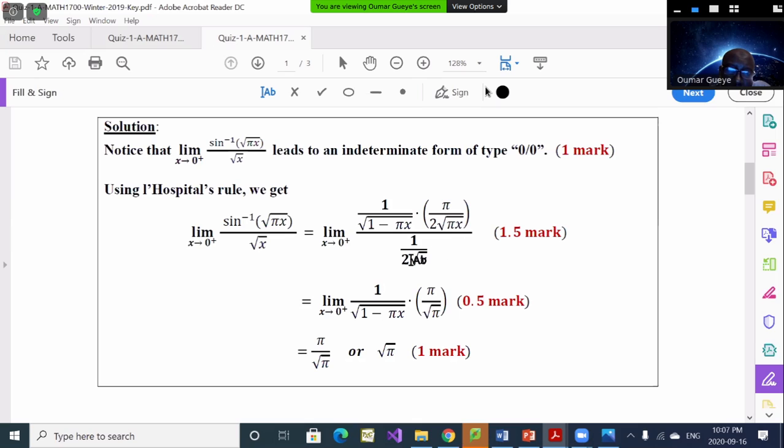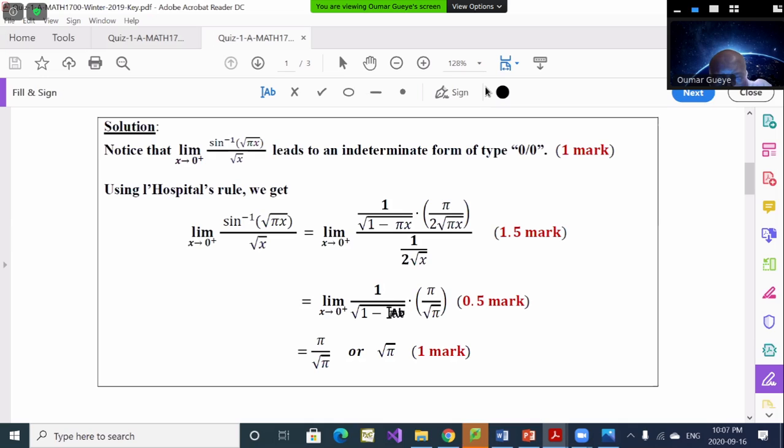Since 2 root x is gone, the denominator becomes only 1, and inside the bracket it remains just pi over root pi. That's exactly what we got here, and this part is also gone. And now let x approach 0 from the right.